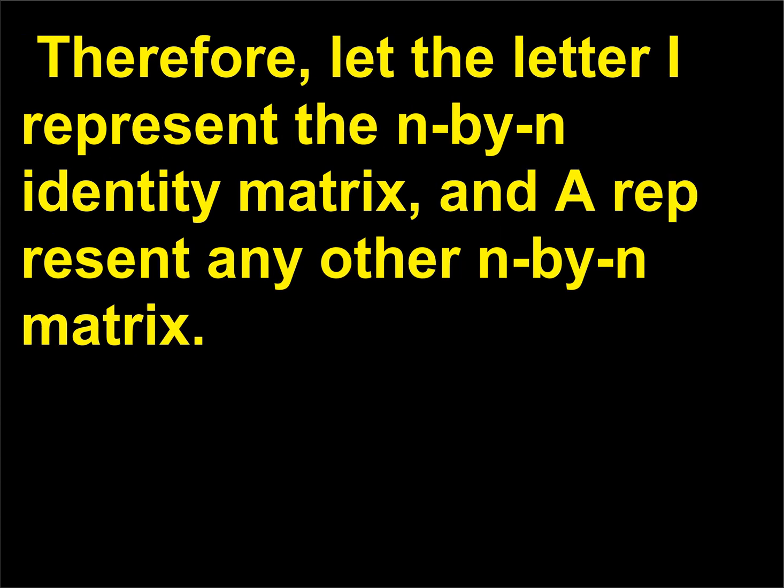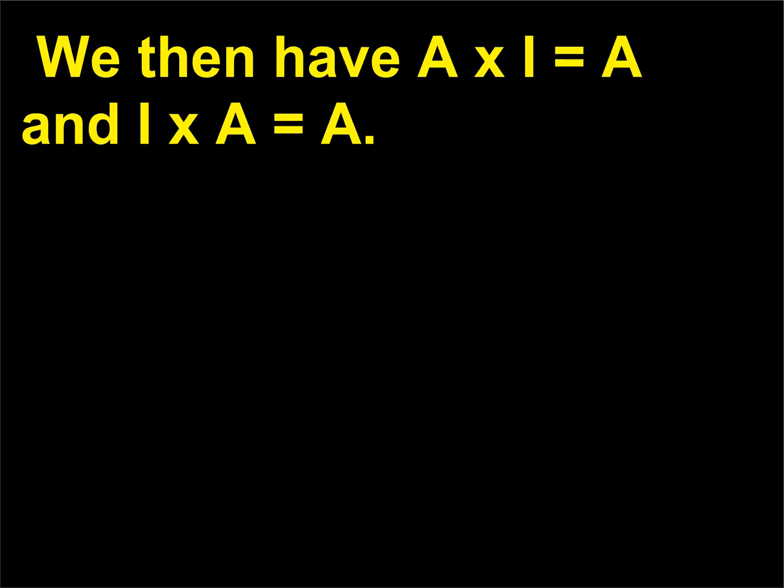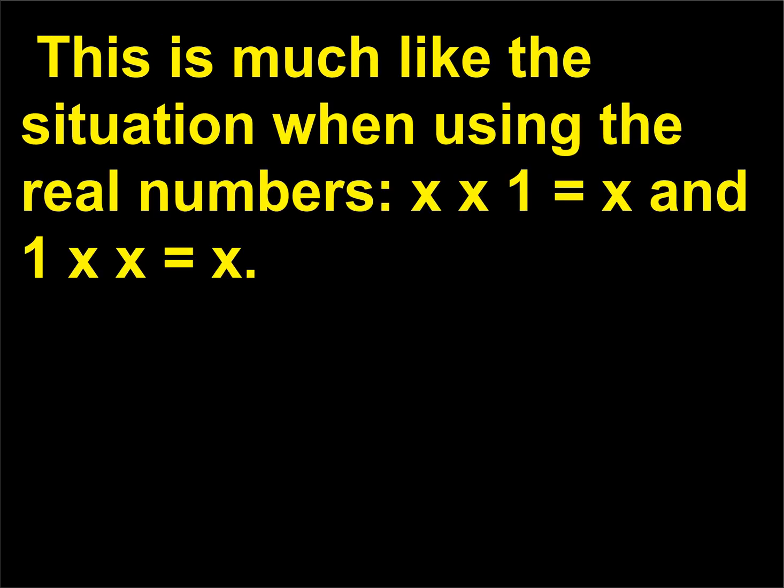Therefore, let the letter I represent the n by n identity matrix, and A represent any other n by n matrix. We then have A×I equals A and I×A equals A. This is much like the situation when using the real numbers, x·1 equals x and 1·x equals x.